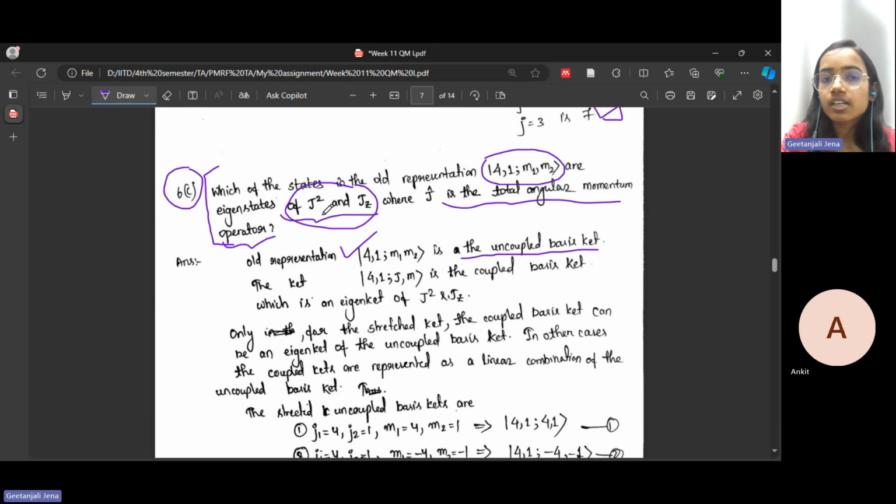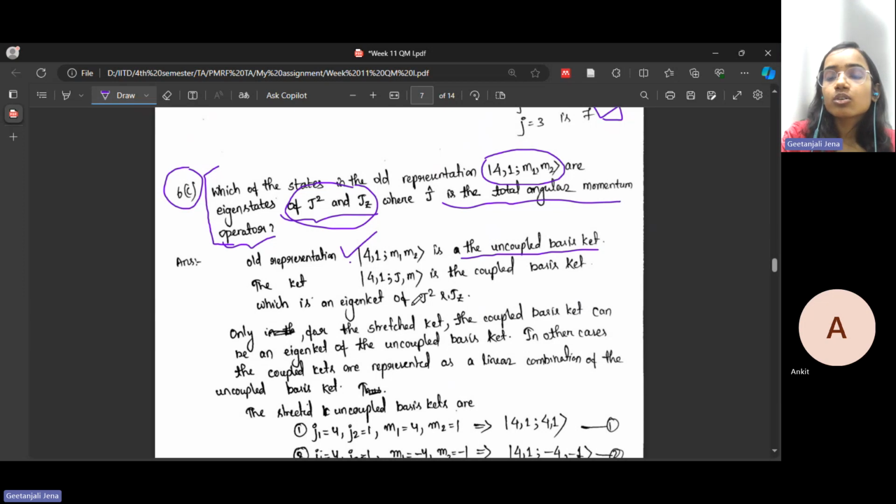For the coupled state, the basis is like j1, j2, j, m. For uncoupled, it is j1, j2, m1, m2. So for the uncoupled state, which is 4, 1, M1, M2, it is asking how many states in this uncoupled basis are the eigenstates of the coupled basis.